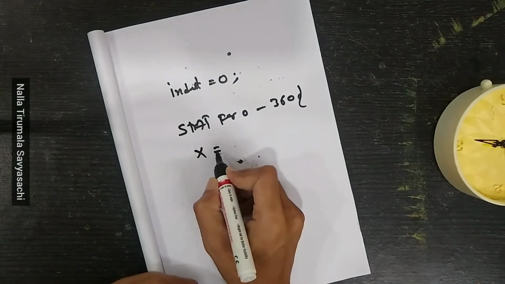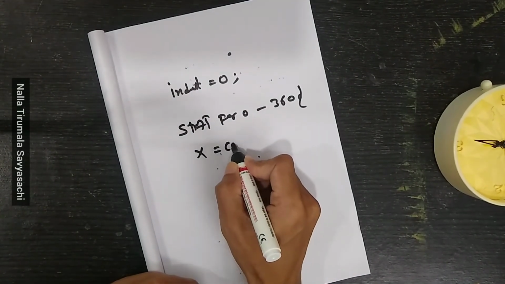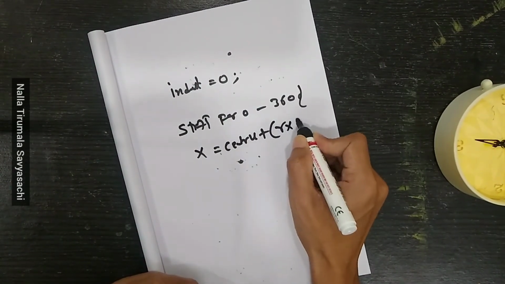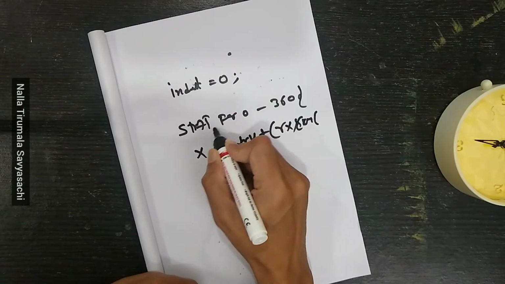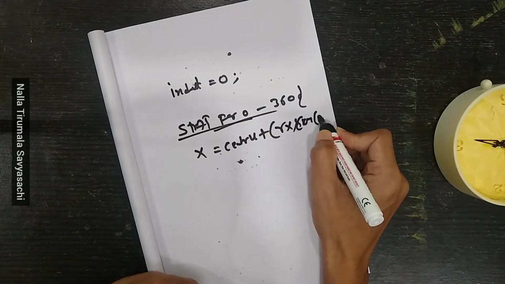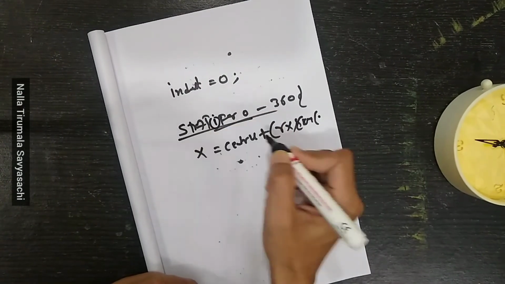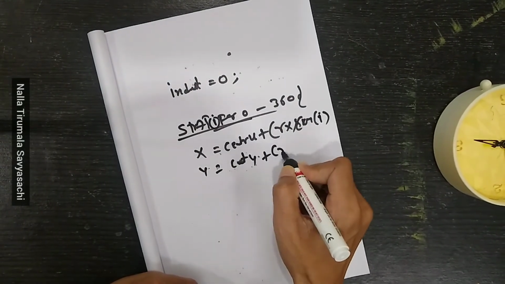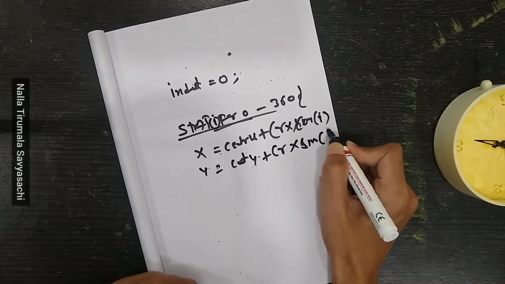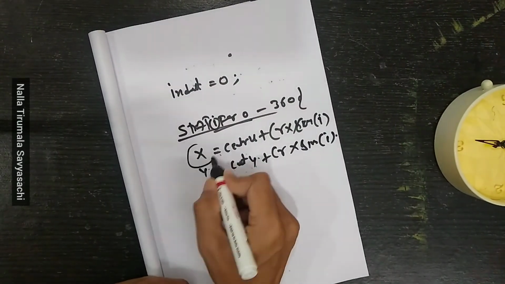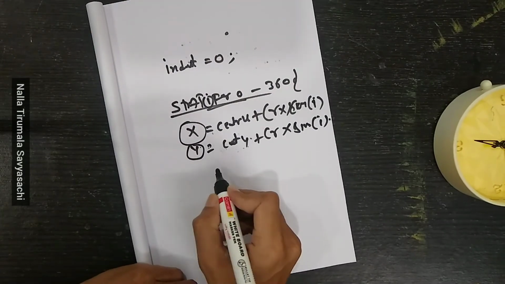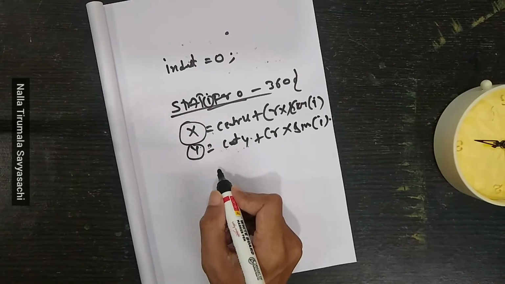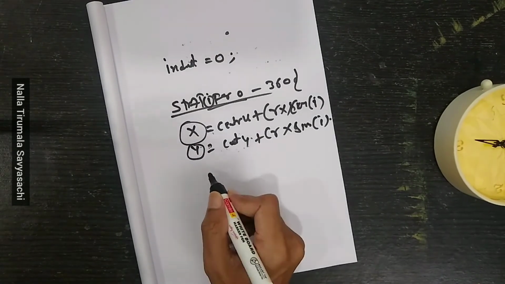So calculate x. x is center x plus radius multiplied by cos i. Let's imagine i is this value. y equals center y plus r multiplied by sin i. Once you know the x, y value, you can draw it by hand, or you can plot it using any programming language.